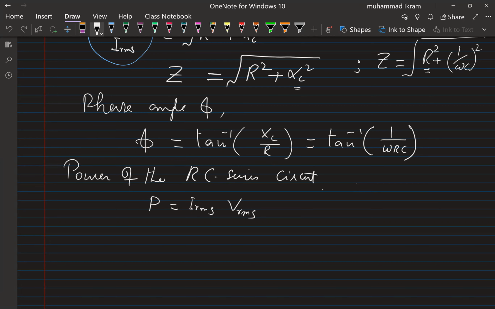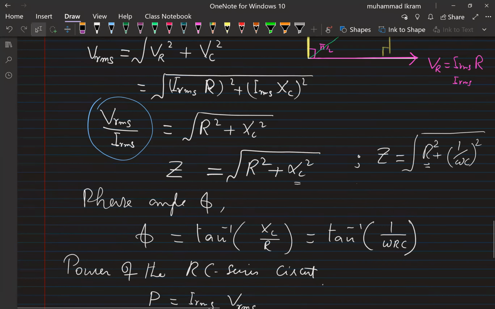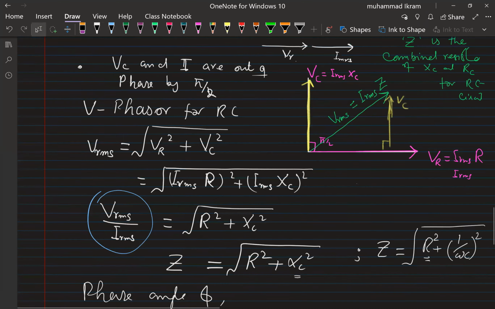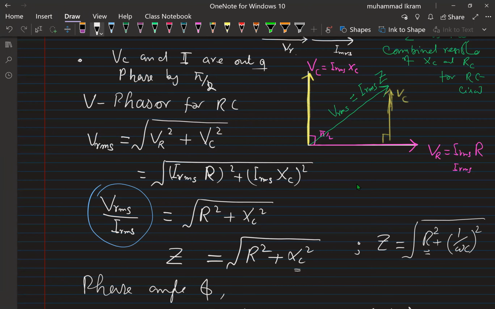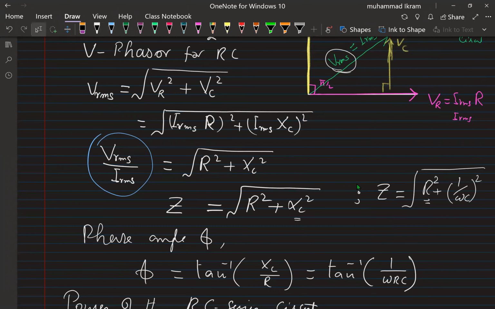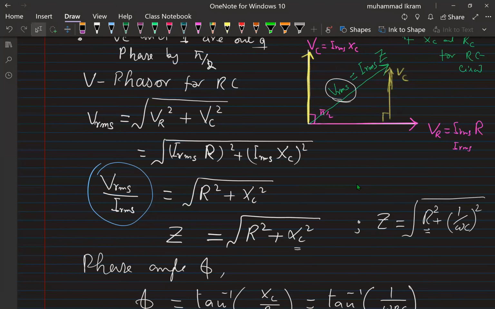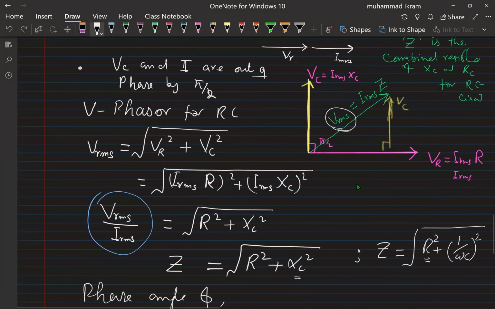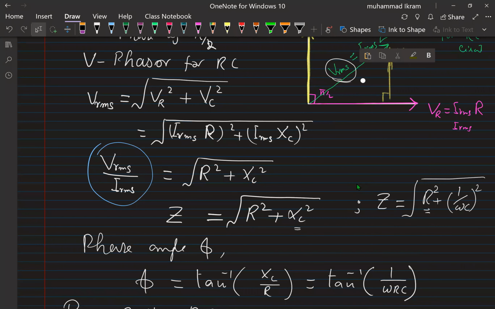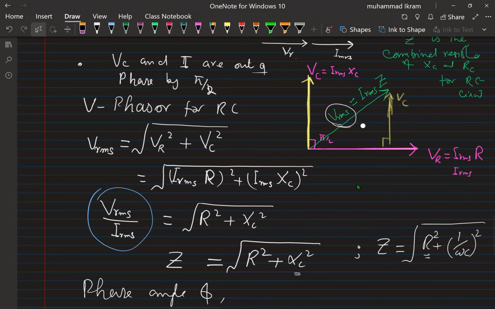Now look, for the power of the circuit here, what is the Vrms? The Vrms is now not completely along the x-axis, right? For that reason, to find out the power, we will take the component of the Vrms.